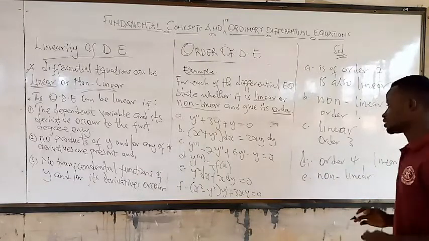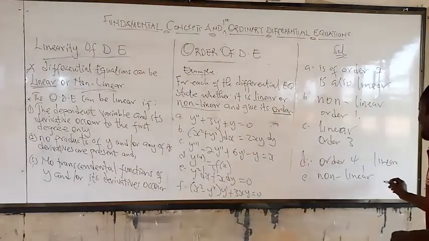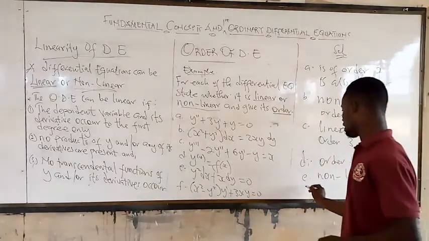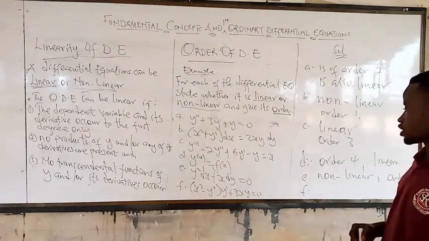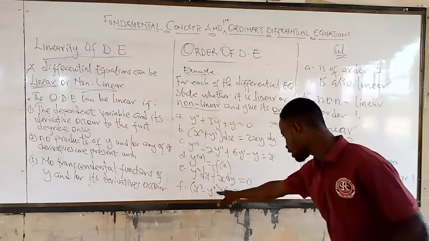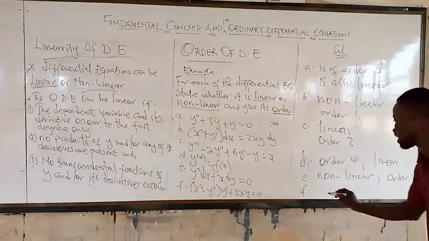Non-linear. And also it is of order 1. F. Very good. We can also see something here. I hope you can see that. They say you fail to be linear.